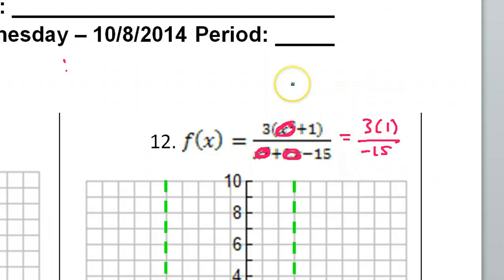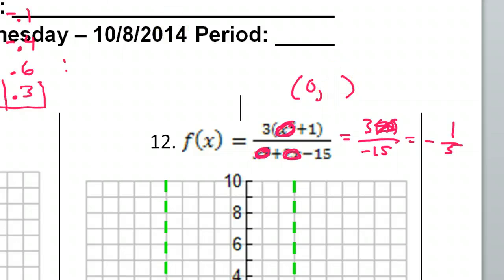This is how you find the y-intercept. You let x be 0, because the y-intercept is 0 comma something. So I'm putting in the 0, and I'm going to see what I get. Obviously this 1, we don't need it. So it's 3 over negative 15, which is negative 1/5.